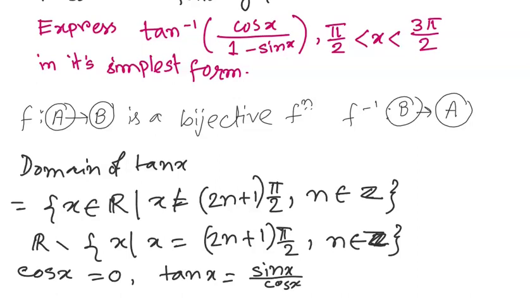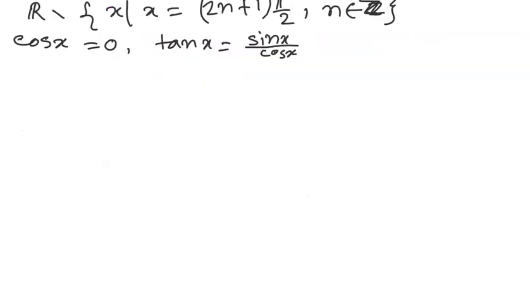So at these points, tan x is not defined. So from the domain of tan x, we exclude these points. And the range of tan x is the set of all real numbers.